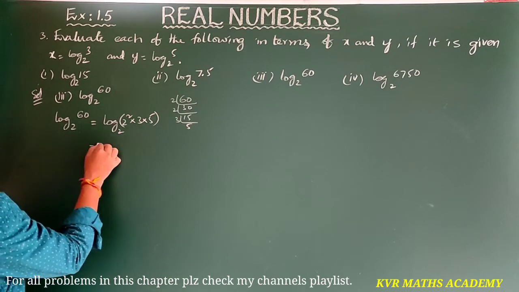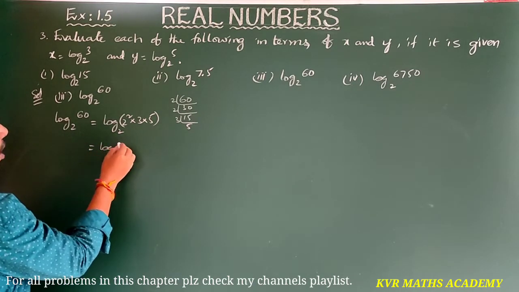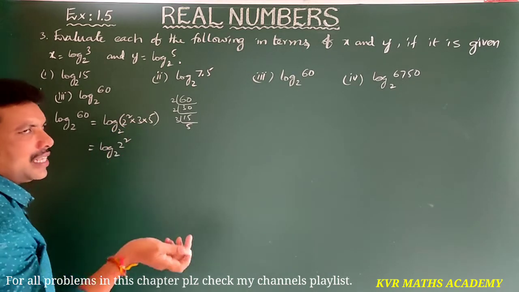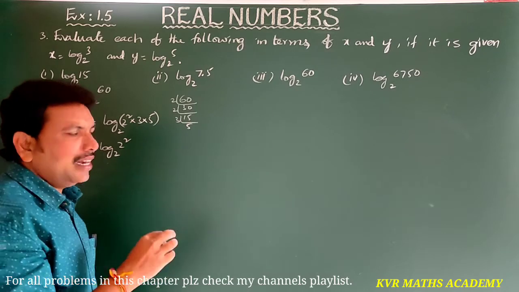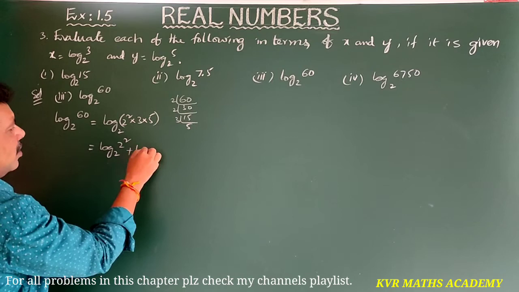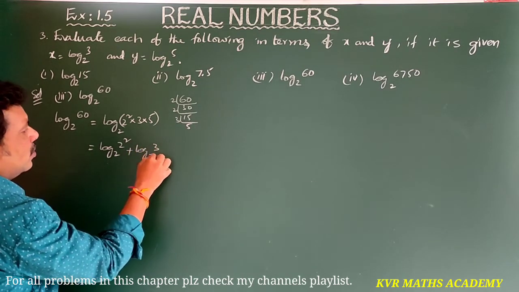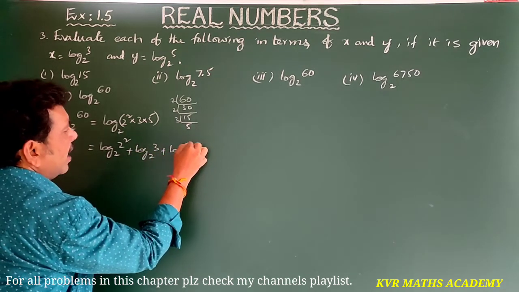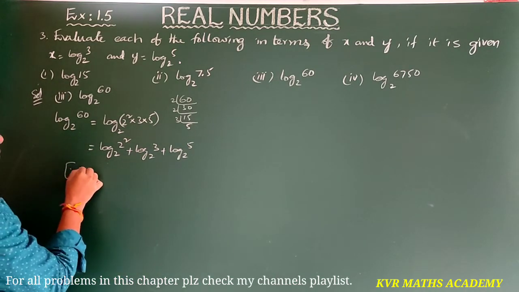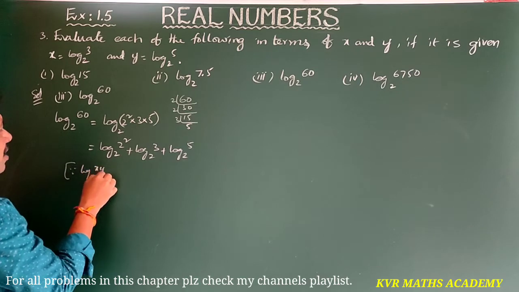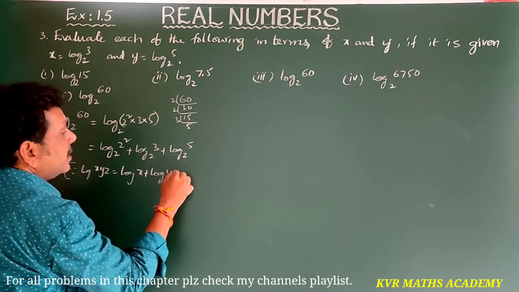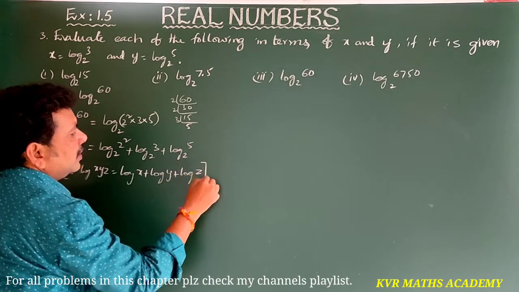This can be written as log 2 square to the base 2 plus log 3 to the base 2 plus log 5 to the base 2, since log xyz is equal to log x plus log y plus log z.